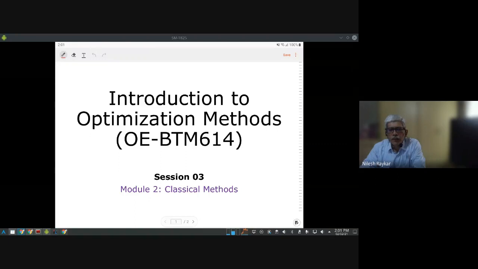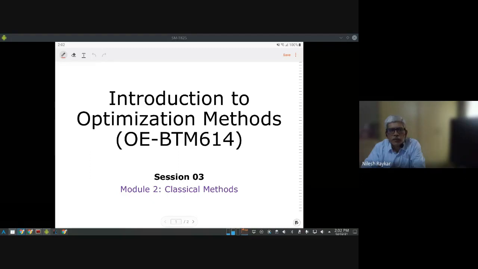We discussed that there are unconstrained problems. So initially we will focus our discussion on unconstrained problems. So there are no constraints, and later on we will see if there are equality constraints, then how do we solve these problems using classical or calculus based method?